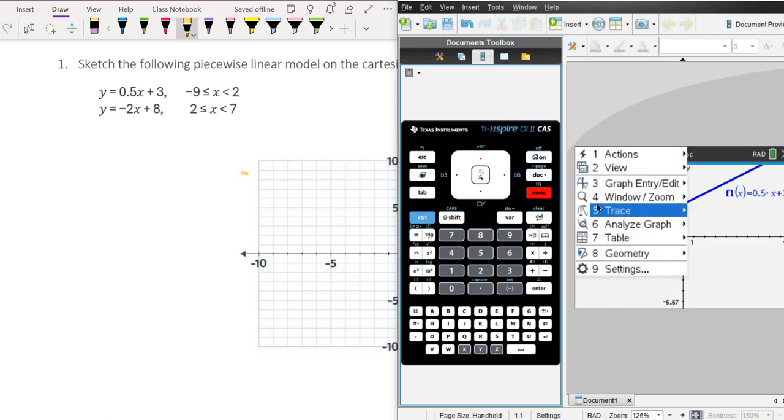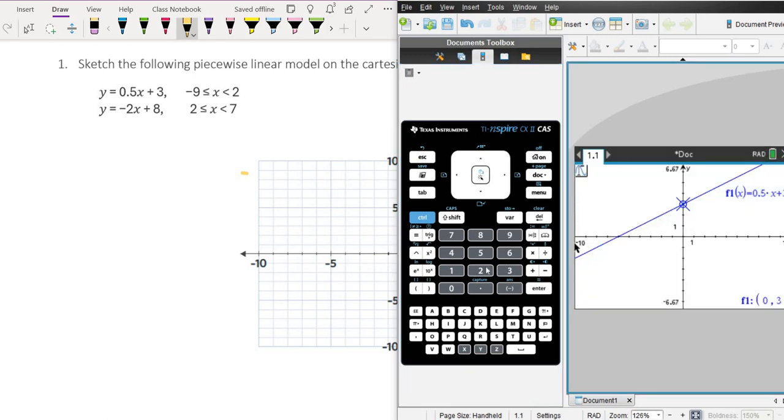So to find where these points are, you're going to menu, trace, and graph trace. And you're going to simply type -9 and enter. And it takes us there. So for this graph, when x is -9, y is going to be -1.5.